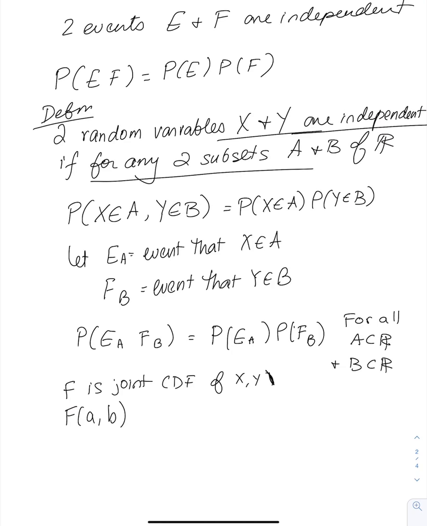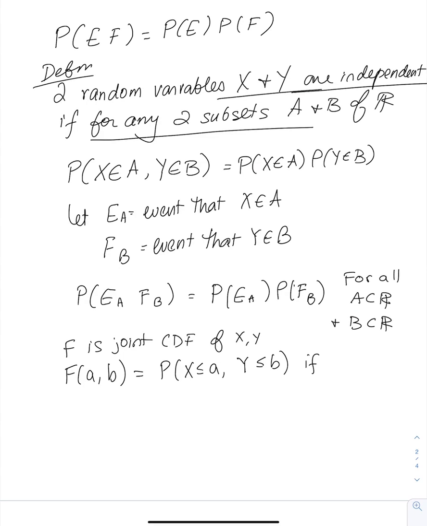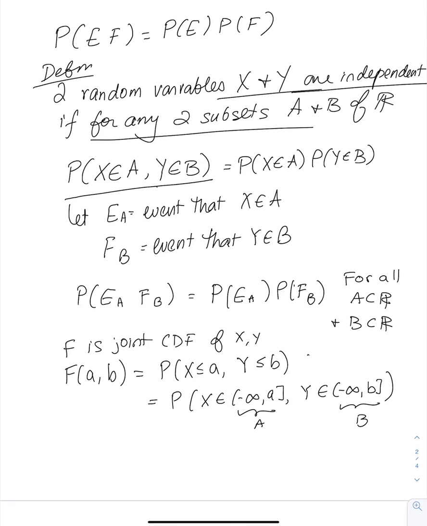Then F of A comma B is the probability x less than or equal to A intersect y less than or equal to B. I will rewrite that as the probability that x is in the set minus infinity to A and y is in the set minus infinity to B. So this is just like what we have above in the statement: probability x is in some set capital A and y is in some set capital B. You can think of this as a set capital A, and this as a set capital B.